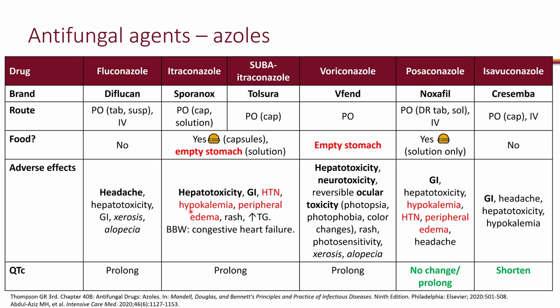So the potassium levels should be monitored, and some patients may need to be on potassium supplementation to manage this hypokalemia, and it can also lead to peripheral edema. So those are important to monitor. And of course, it's important if the patient also has heart failure. It's not a contraindication, but it's important to monitor the patient closely.